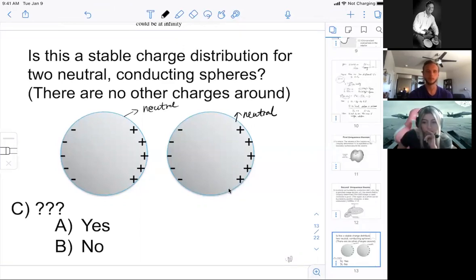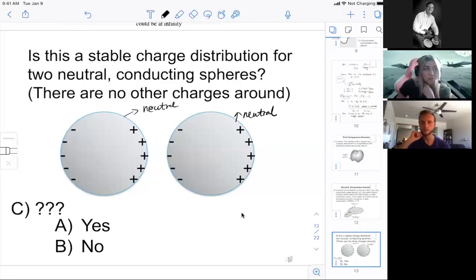Pretty much split between A and B. So this seems to be kind of a weird question, right? You may have a good intuition, or if we don't, how could the uniqueness theorem that we just learned help us? What do you think?